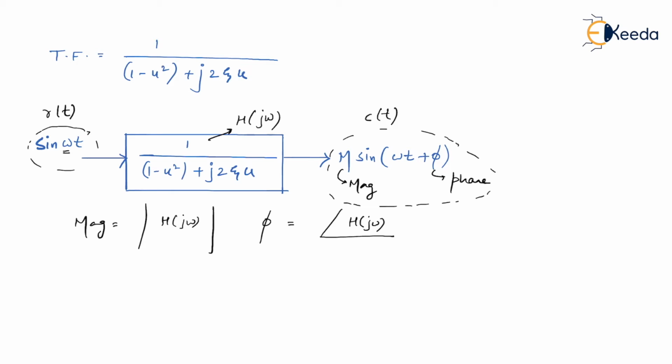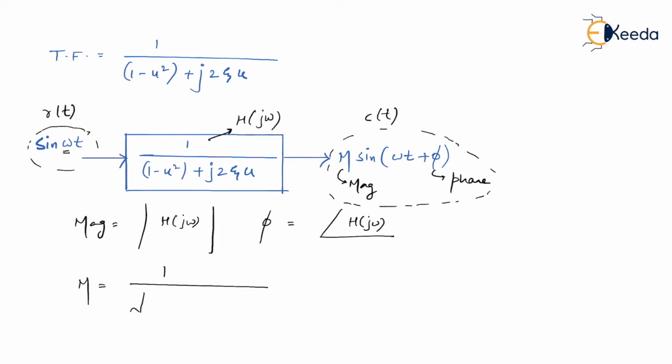Let us try to calculate the magnitude. It is very simple. Magnitude, as we have written above, is just the modulus of H of j omega, that is nothing but the complete transfer function. In the numerator, we have 1, so magnitude of 1 is 1. Let us go to the denominator now. In the denominator, we have real part and imaginary part, so it is just under root of real part square plus imaginary part square.